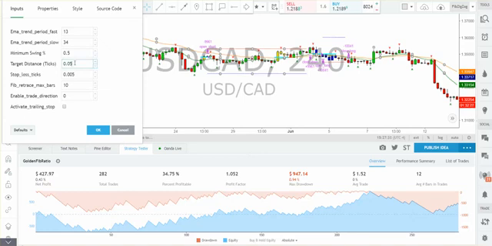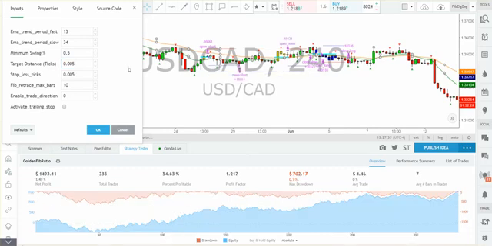Let's drop to 50 pips. Now we have 1-to-1 reward to risk, and that looks like a really good equity curve. Okay, so what I'm doing here is I'm just picking a high probability target and going with it. And if I get enough trades and my profit factor looks good, those are the settings that I'm going to use.